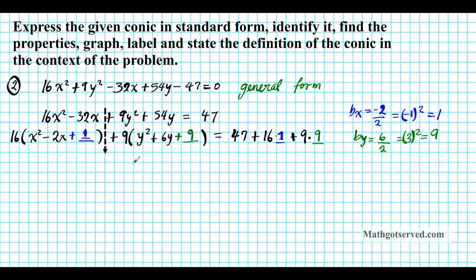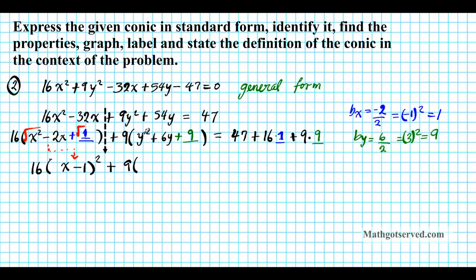All right, so let's simplify this further. We're going to have 16, and then let's factor this using the factoring trick we went over before. You root the first and the last term, and then you bring down the middle sign, and then you'll have x minus 1 quantity squared plus 9.